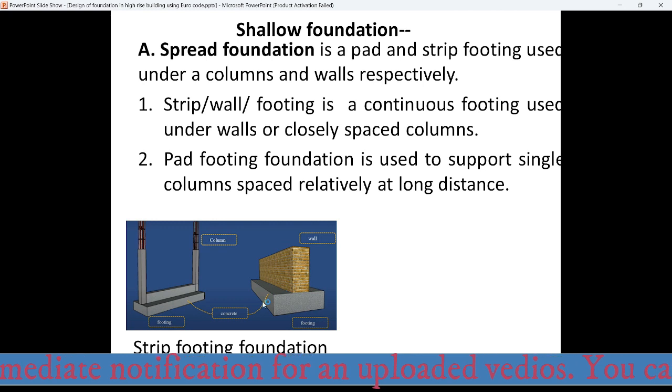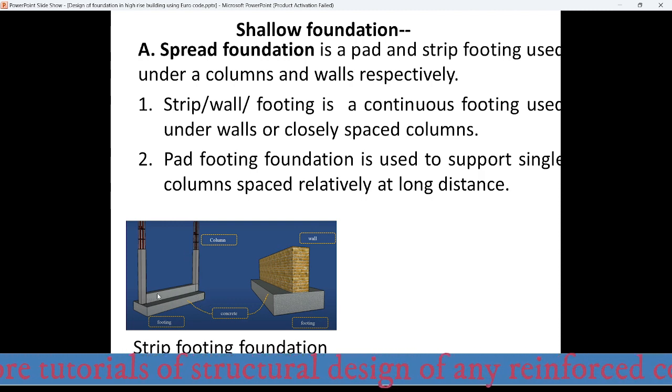This is a strip foundation, and it has a strap beam to brace these columns, because if we see the column arrangement, this column is located at the edge of the strip footing, and this column is also located at the edge of this strip footing.